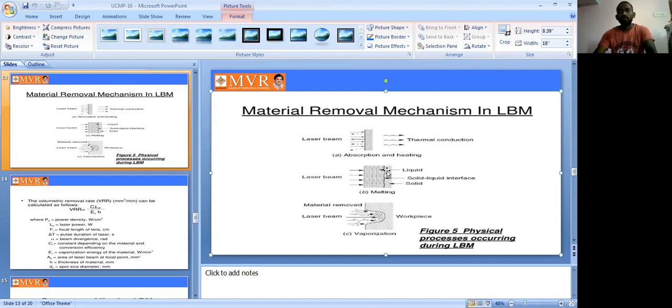So in this kind of three step-by-step process, you can remove the metal from the workpiece. But in vaporization, when the laser light directly touches the workpiece, you can vaporize it and remove the metal from the workpiece.